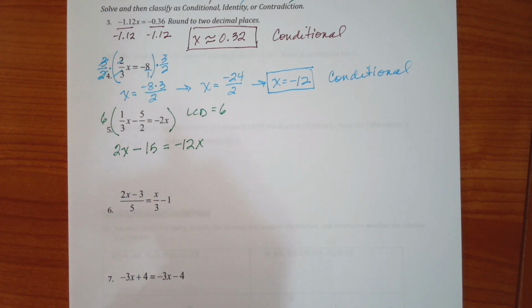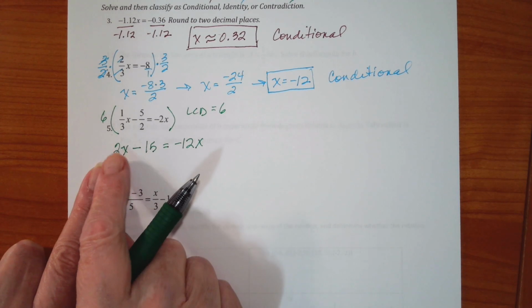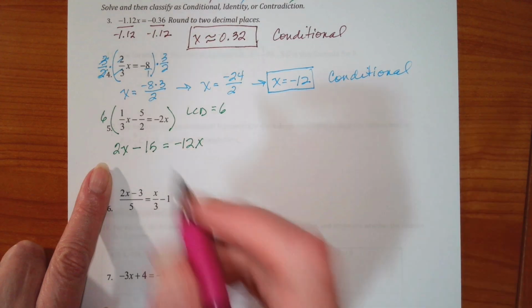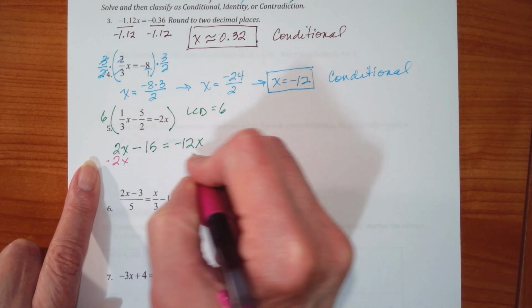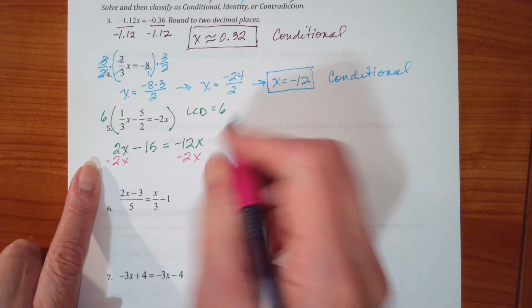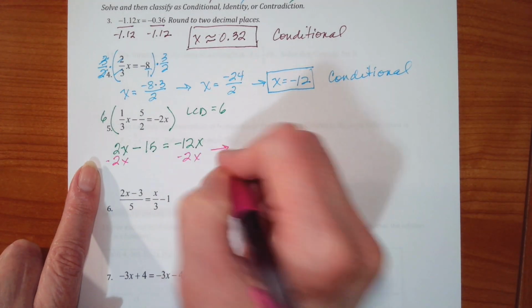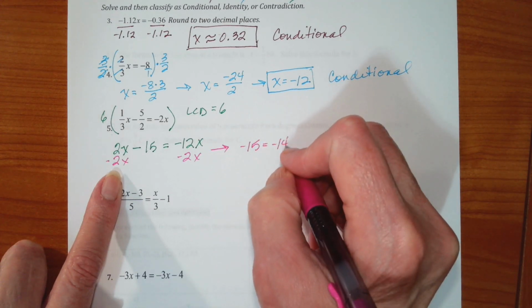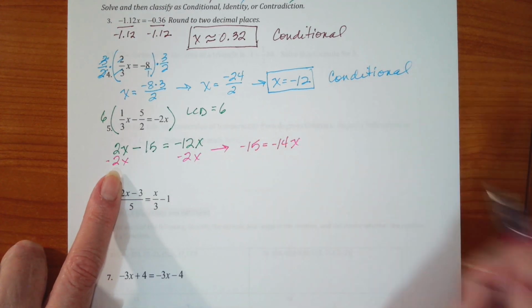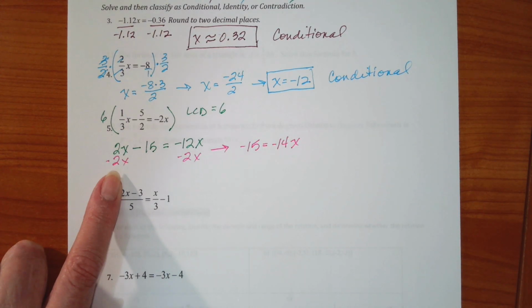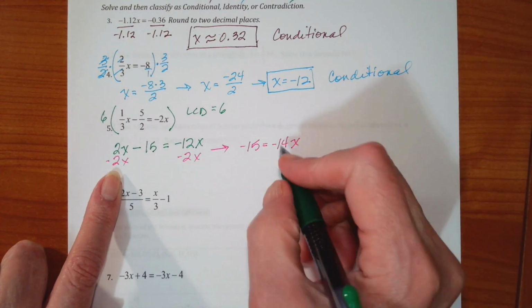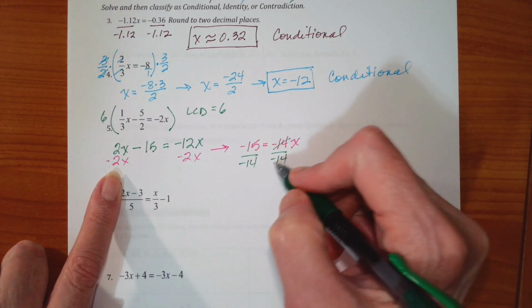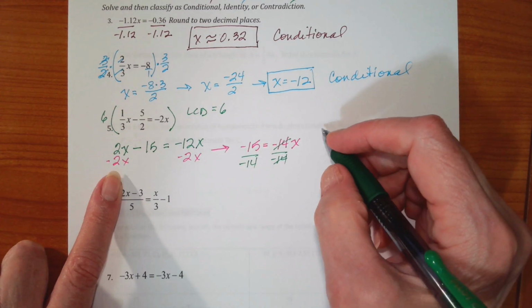Okay, so you want to get all the x's on one side. I like to have them on the left, but I notice if I move it over here, then that just tells me the only x's are over here. So I'm going to subtract 2x from both sides. That gives me -15 is equal to -14x. To get the x by itself, I divide both sides by -14.